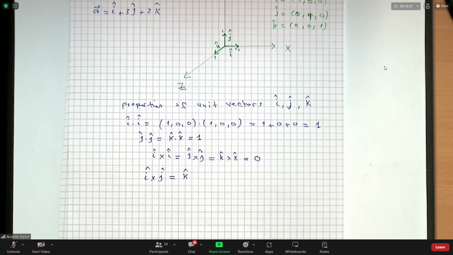Since this is a two-dimensional drawing, you can think about it with the right hand rule, so everyone can try to simulate it for themselves.